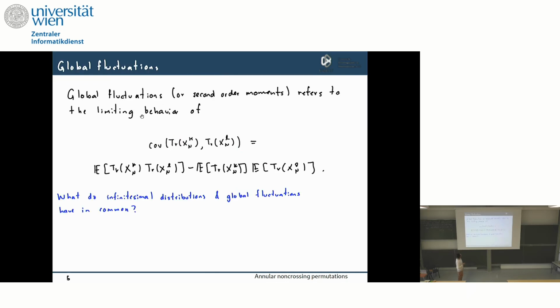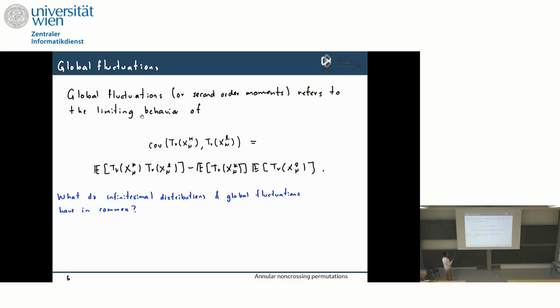Okay, another thing that I will consider and where annular permutations will come up is global fluctuations, or covariance of traces of random matrices. In this case, I just consider the covariance of the trace of my random matrix to the kth power and the trace of my random matrix to the lth power. I will assume that the entries of my random matrix have moments of all orders.